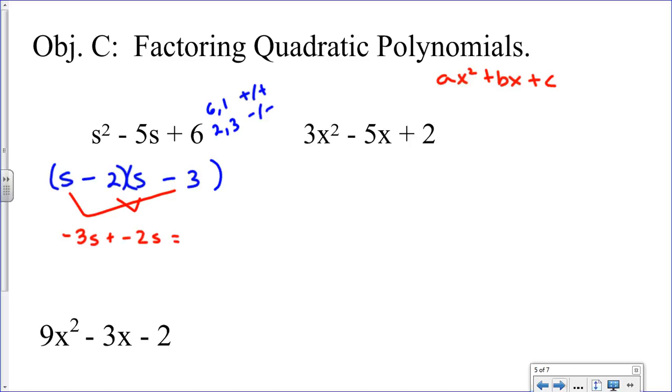And when I add those together, do I get negative 5x? Yes. So that's the check, which tells me this is correct. This is my answer. So what I have in red is just checking that that's right. But what is in parentheses is the answer.